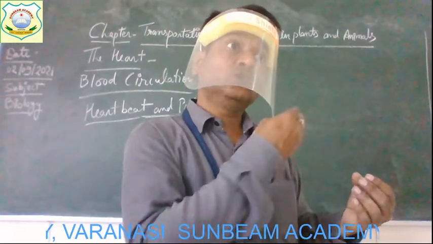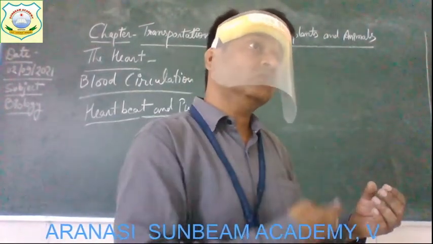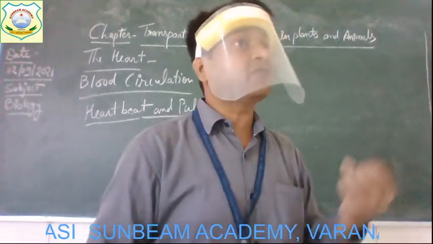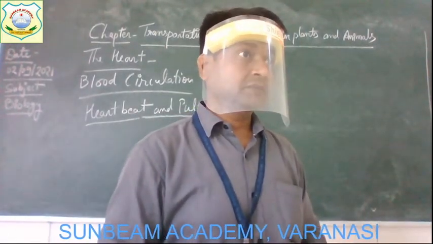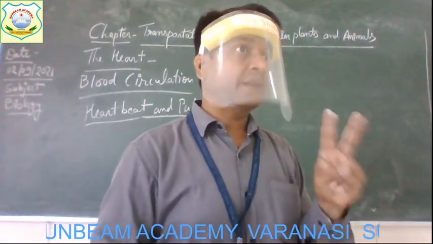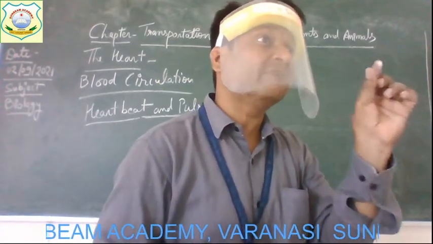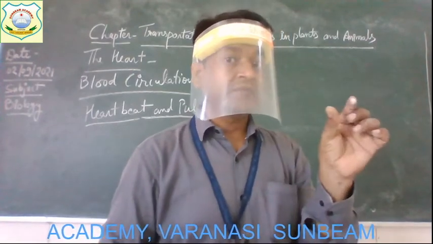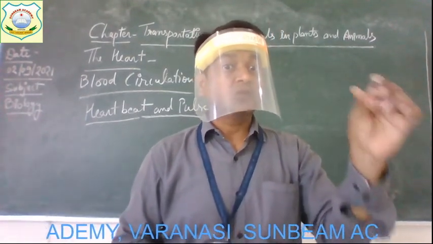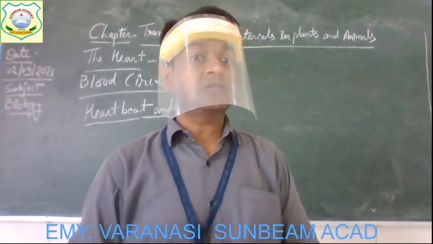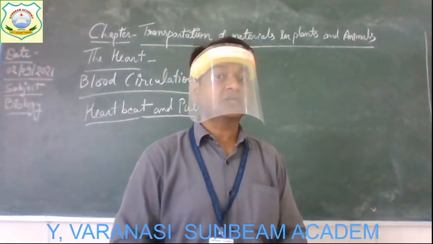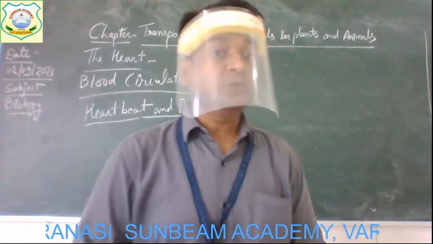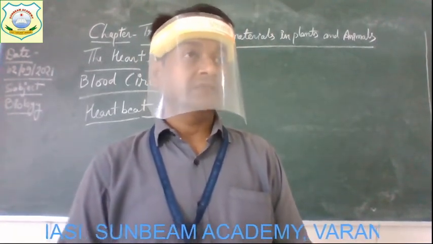And as the two parts contract separately, two kinds of sound come from the heart, with a very little gap, a few seconds. Clear? So this sound is followed by a stronger sound caused by the contraction of the ventricles, and the doctor listens to this two-part heartbeat.